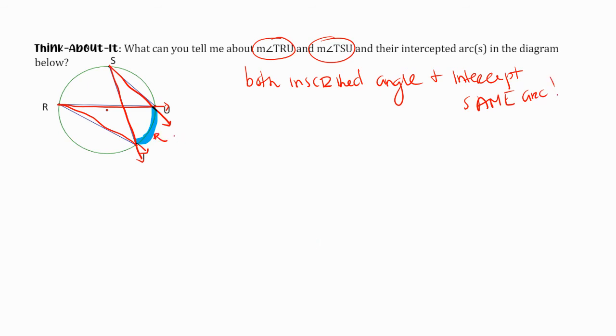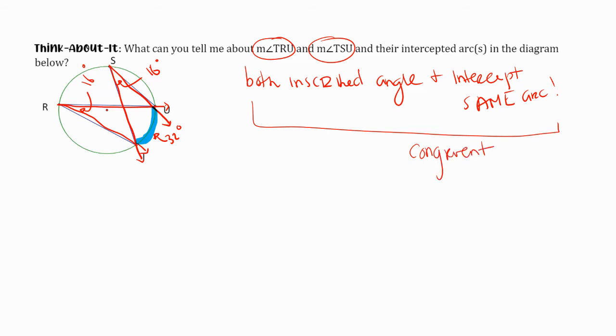If this arc is, I don't know, 32 degrees, wouldn't this one just be half of that? 16? But wouldn't this one also be half of that? Also 16? So two inscribed angles intercept the same arc, aren't they, congruent? There's a word for that.